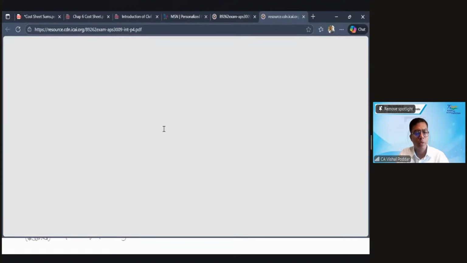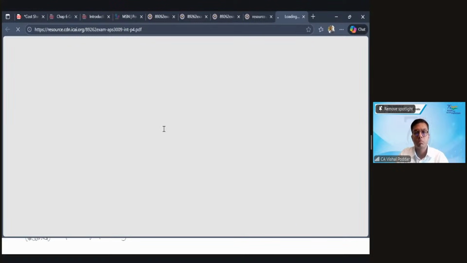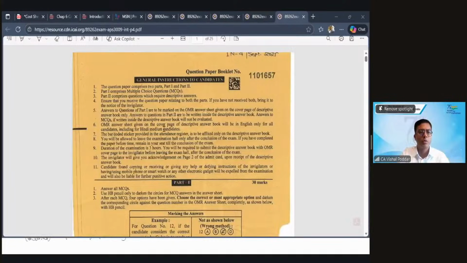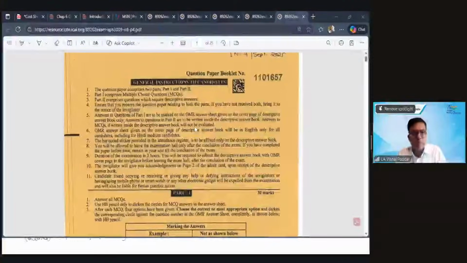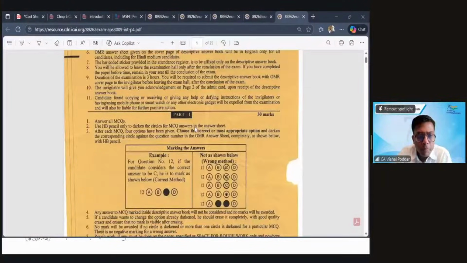Why is it not opening? Do I need to checklist it? Is it opened? So in this, which question, Vidushi? I hope now this question paper is visible. You're asking which question, beta?